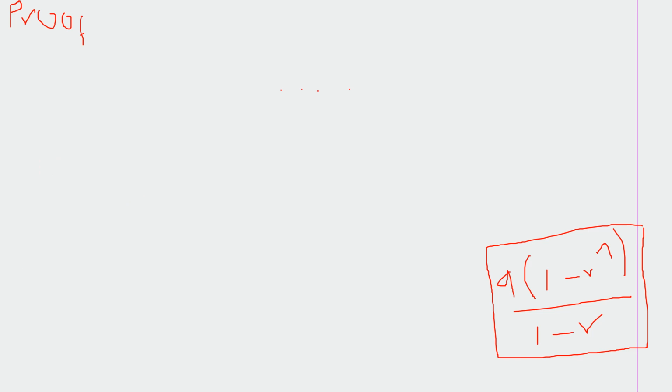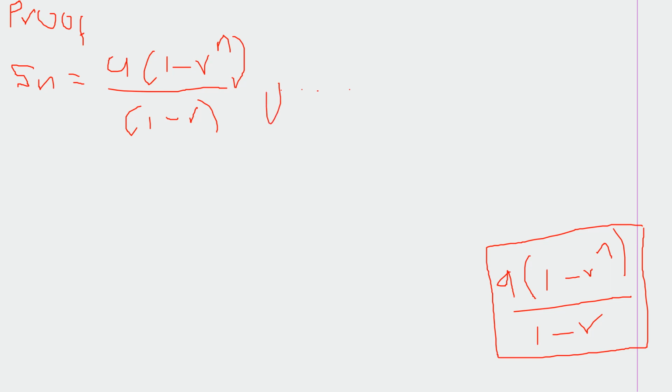Okay, let me just write it here at the top to say now our Sn is equal to A into 1 minus R to the power of n, all divided by 1 minus R. But there's a condition to say the R cannot be equal to 1.